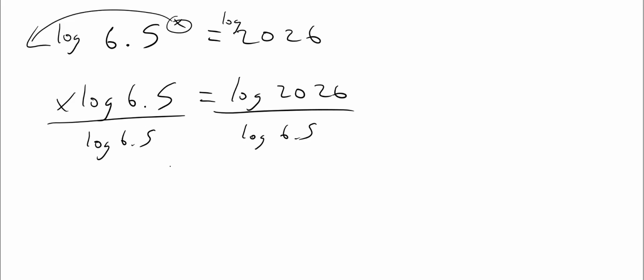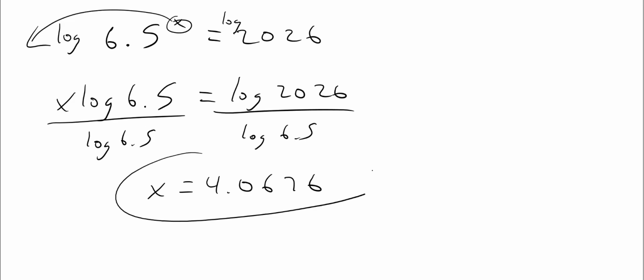We get log of 2026 divided by log of 6.5. X comes out to be 4.0676. There we go. Not bad, right? Okay, this is probably the most difficult problem I could possibly give you, and then we're done.